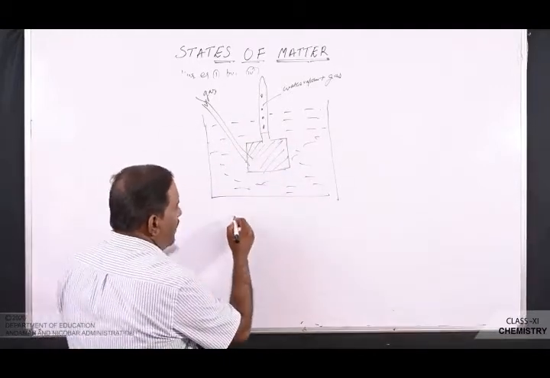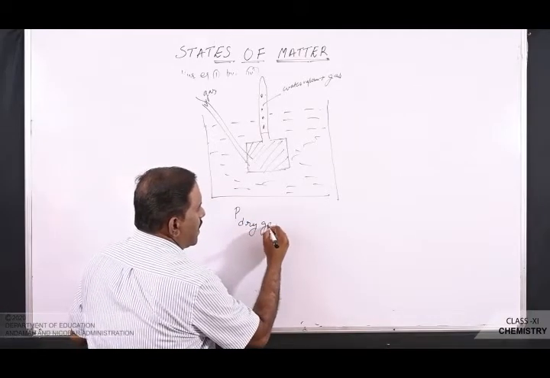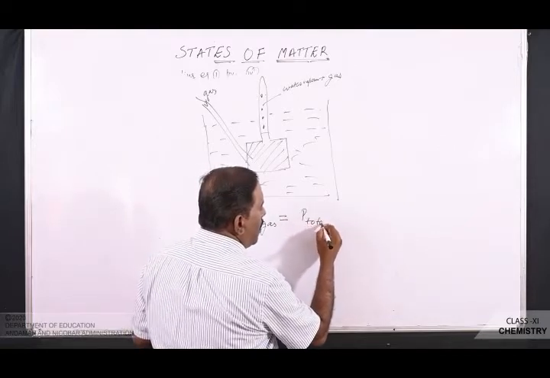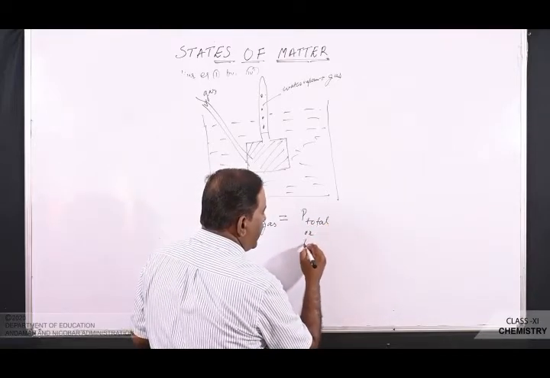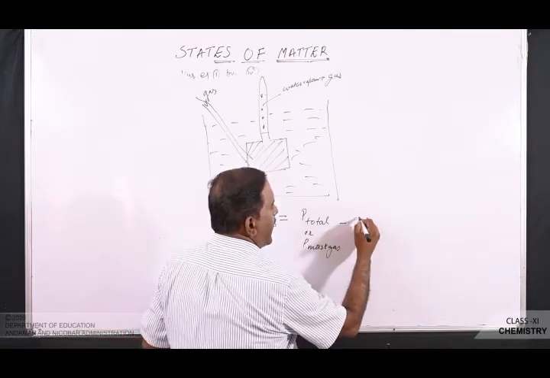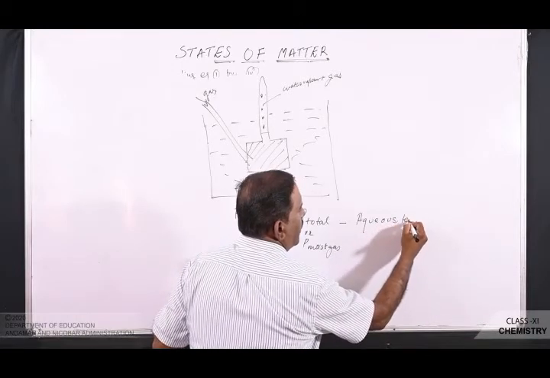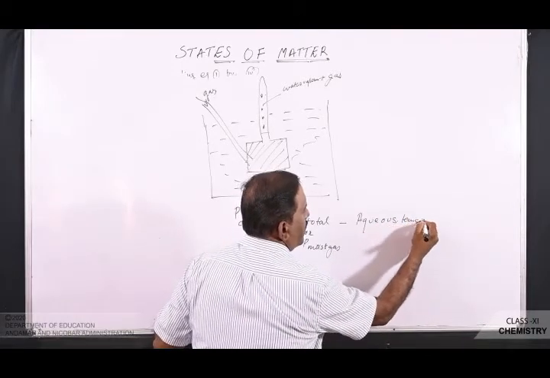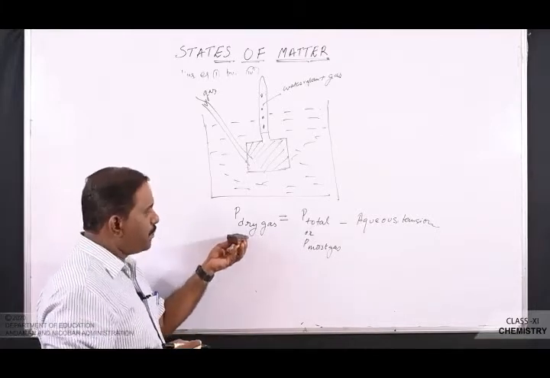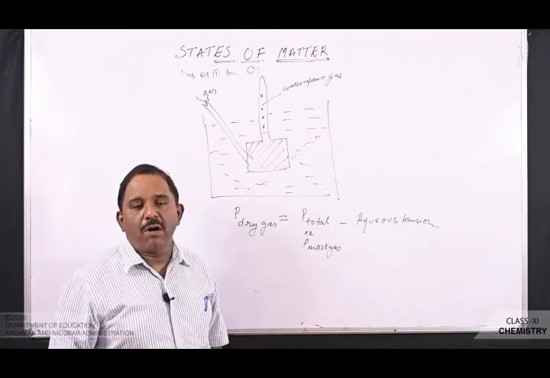So the formula we can give is P dry gas is equal to P total, or P of moist gas, minus aqueous tension. This calculation of the pressure of dry gas is based on Dalton's law of partial pressure.